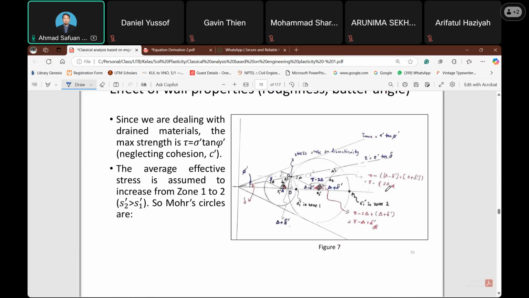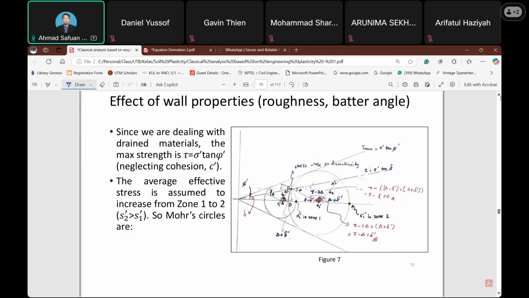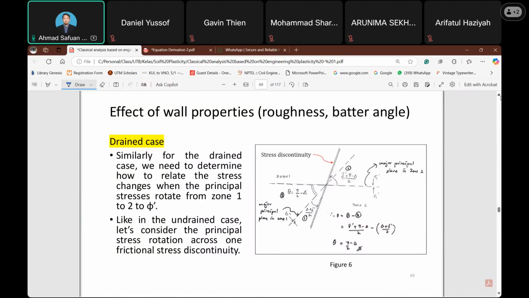Okay, the same approach: we need to have ABC to get the delta. Then we need to get the angle. Then this Mohr circle diagram we put inside this diagram to get the theta fan.